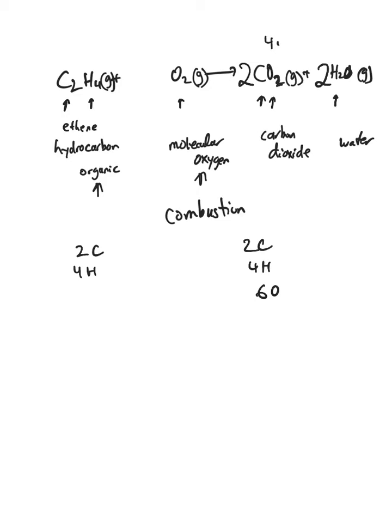So now I've only got 2 oxygens on the reactant side. So to balance that out, we're going to put a 3 in front of the molecular oxygen. So now I've got 6 oxygens on both sides. 2 carbons, 4 hydrogens, 6 oxygens, and it's balanced.